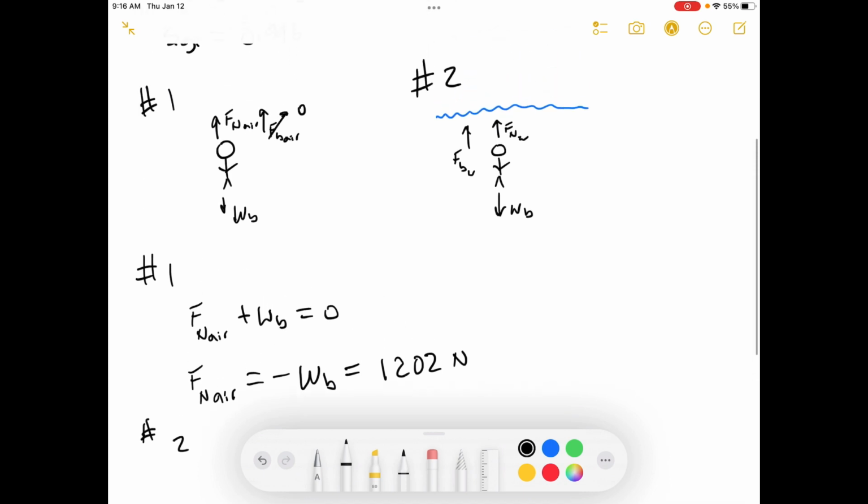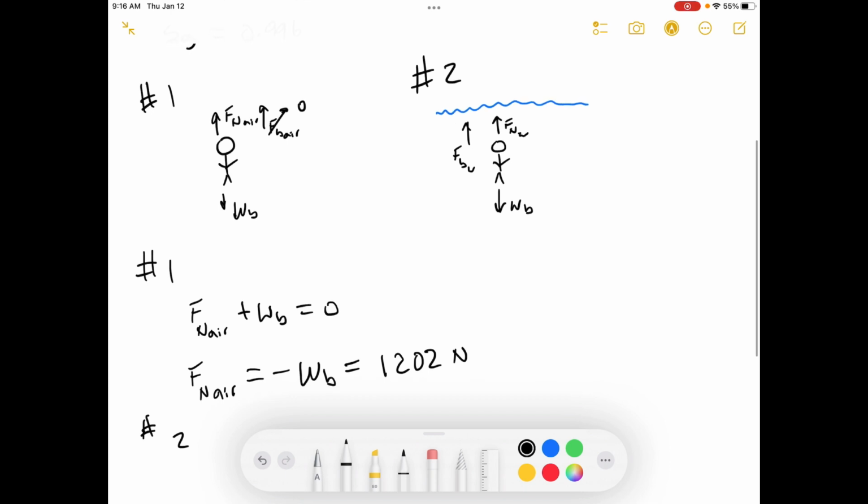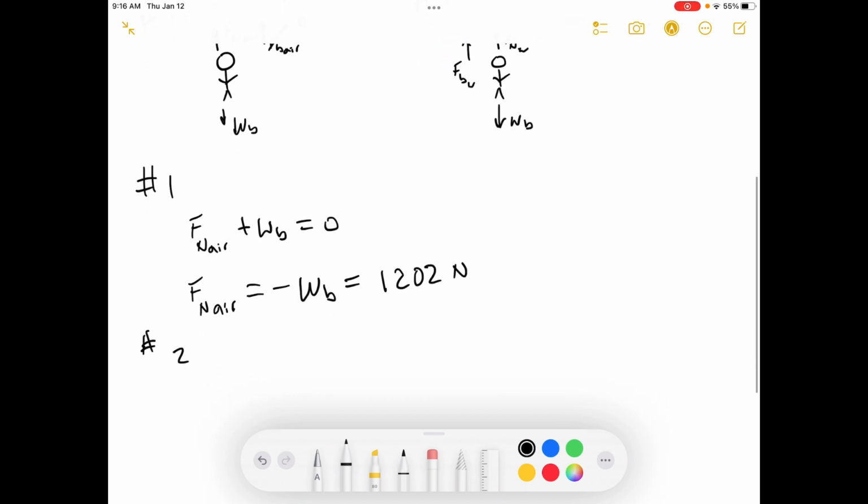In our force balance number 2, we have 3 forces. We have the normal force in water, we have the buoyancy force in water, and we have the same weight. And they gave us the magnitude of the normal force in water, because it says if he then stands on a scale while he is totally submerged in water, the scale reads 44 newtons.